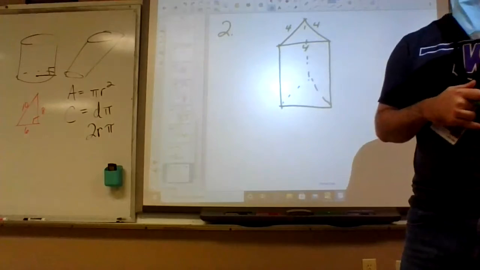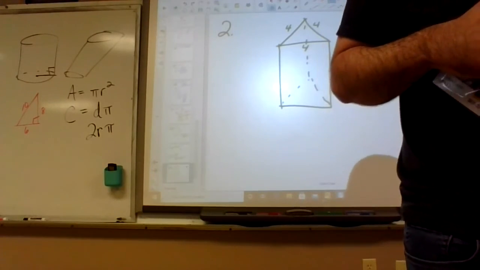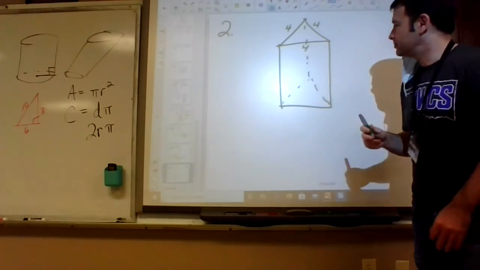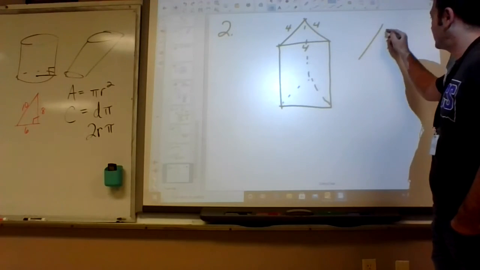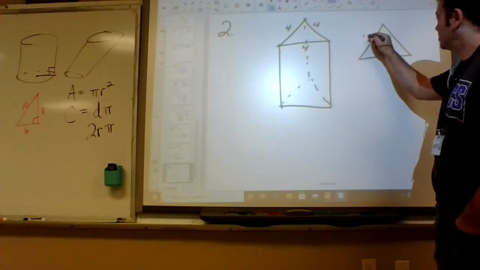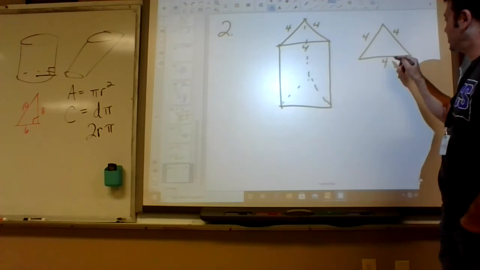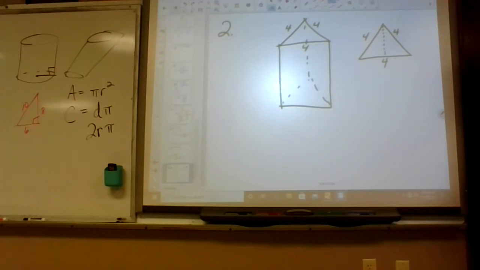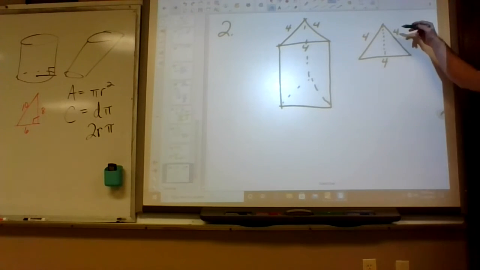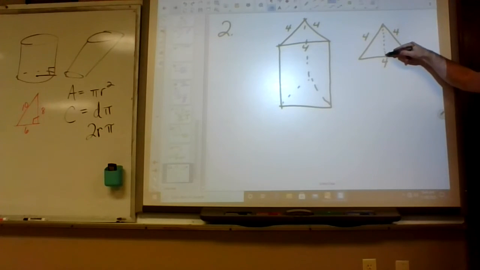Okay. Anyways, you're eventually going to need the height of the triangle. How can we find the height of an equilateral triangle? Base times height. That would be the area of something. We need the height to find the area of the triangle. I drew the height in there.